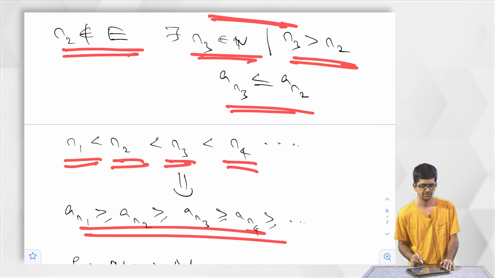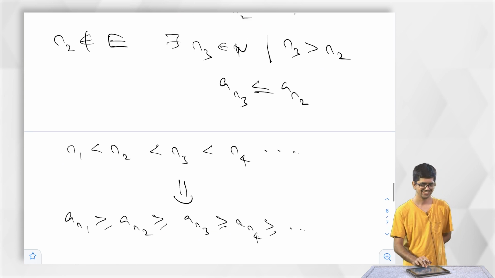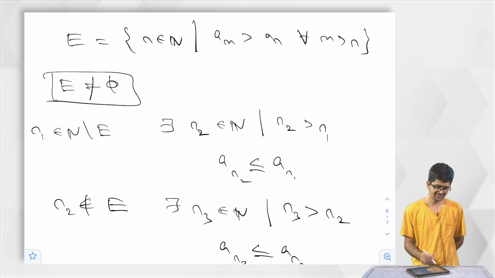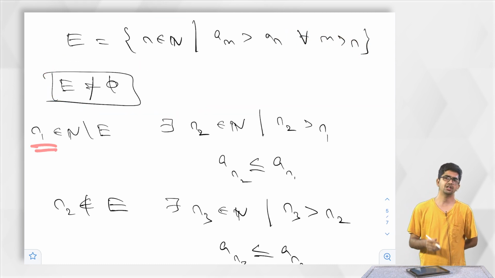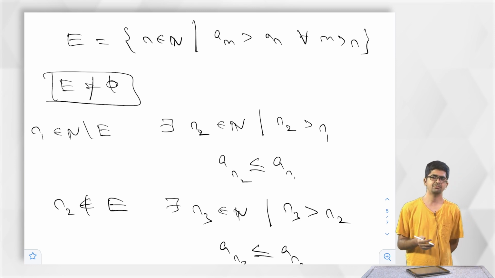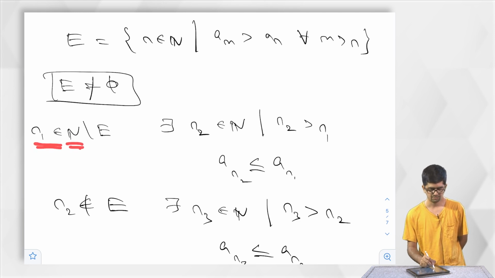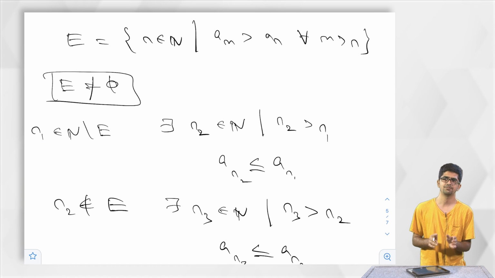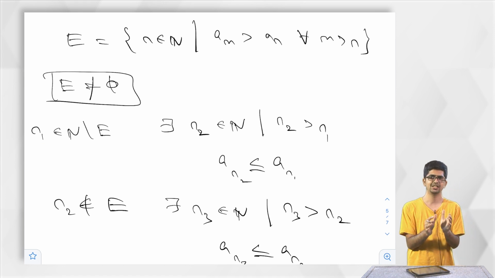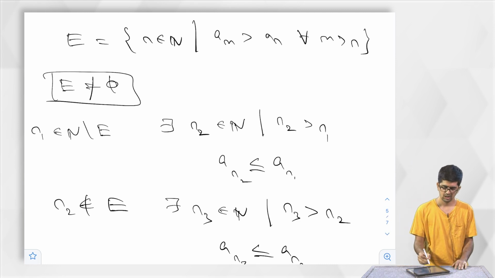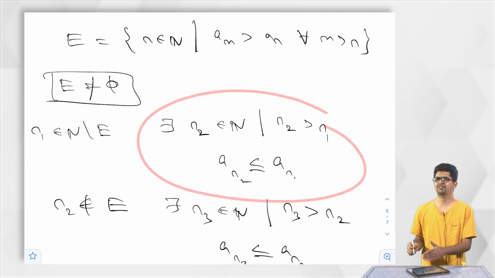And get this. So there is not much difference between E being an empty set or E being a finite set. If E is an empty set, I can start at 1. If E is a non-empty set but finite, I know that there is an element n1 such that n1 is an element of N but not an element of E. Because E is finite, I can take the maximum of that set E, add 1, that will be outside E, and I can apply the same thing that I have done before.